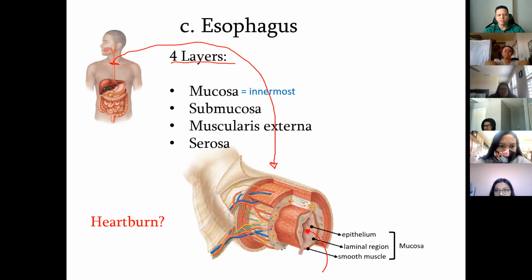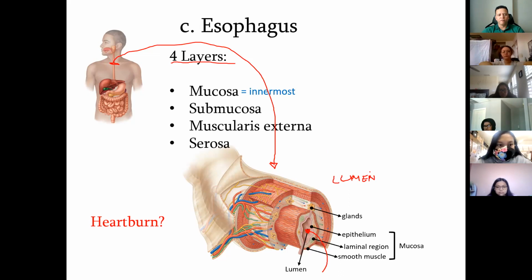You guys are not paying that much attention. It is called the lumen, L-U-M-E-N. So we're going to find the lumen in the esophagus. You're going to find the lumen in the stomach. We're going to find the lumen in the small intestine. We're going to find the lumen in the large intestine. The lumen is the space, okay?